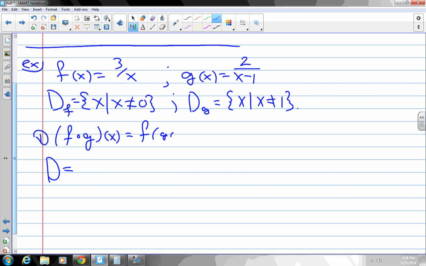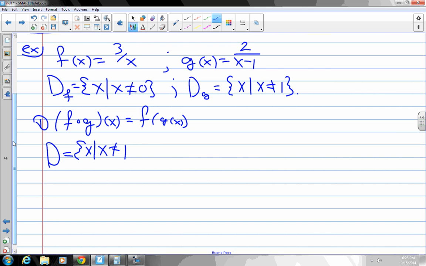So what is the inside function right now, the way we write it? It's the g function, right? So we're starting with the domain of g. So right away, x cannot equal 1. That's what we want, okay?